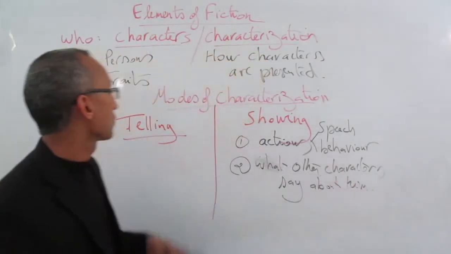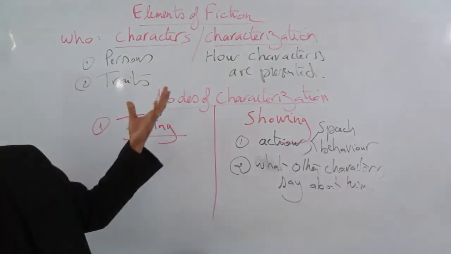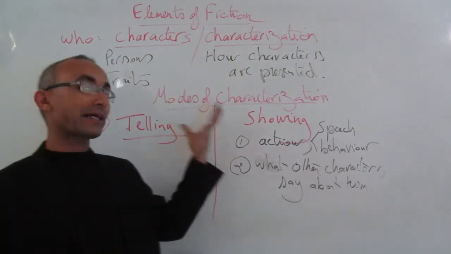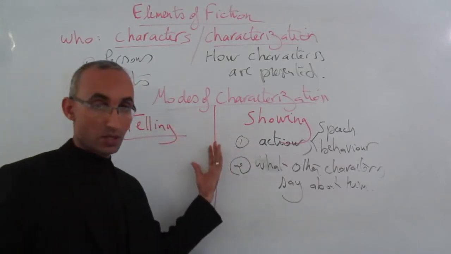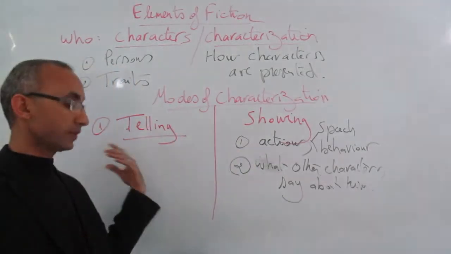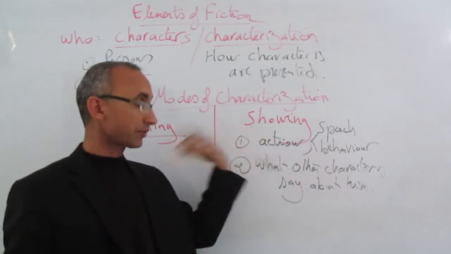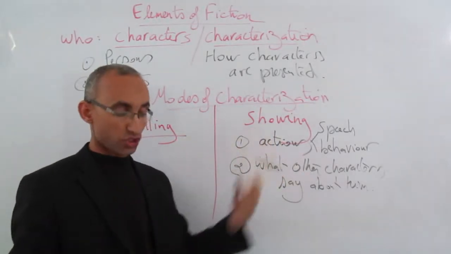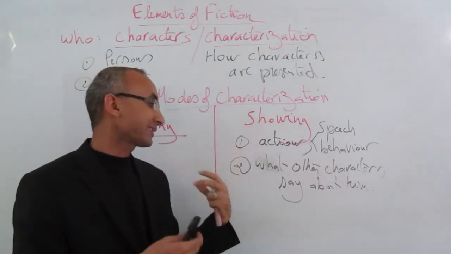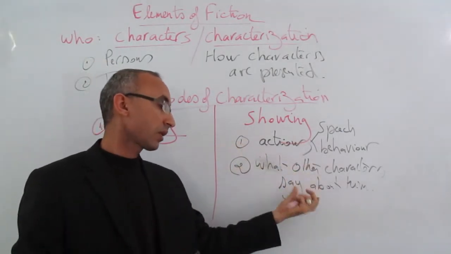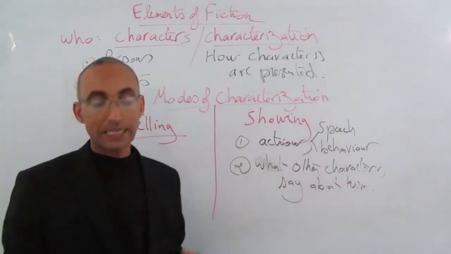So these are the two modes of characterization. As you see here, we have direct presentation of characters through depiction directly, and we have the indirect one, dramatic one, or showing, through presenting him through his actions, speech or behavior, also through what other actors say about him.